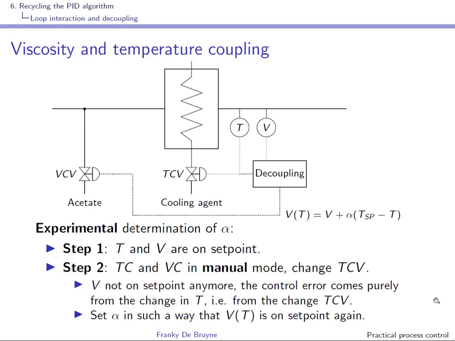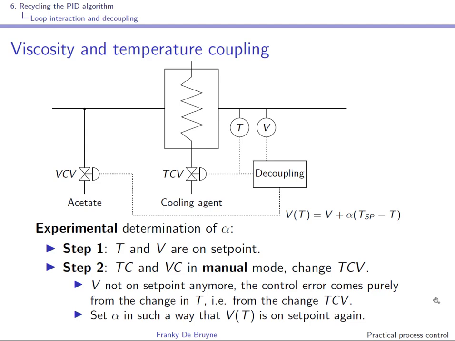The first thing that you have to do, step 1, is to bring both the temperature and the viscosity on set point. Or what you could do is, for instance, work in manual mode and adjust the acetate and cooling agent flows until the temperature and the viscosity are on set point.